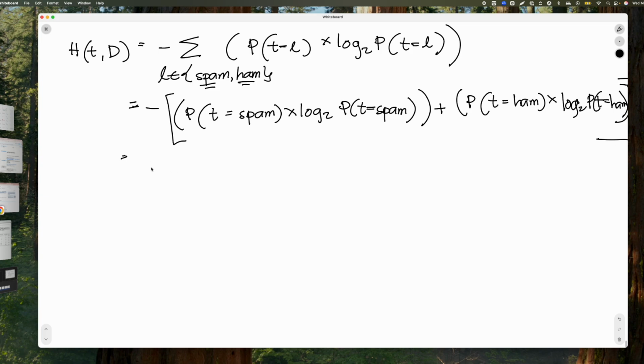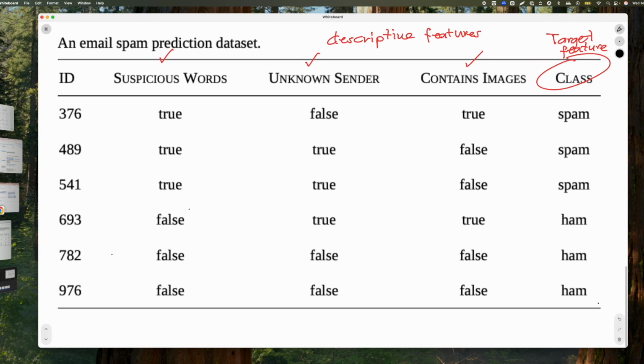So what we know is that, going back to the data set up, the probability that it is a spam is 1, 2, 3 over 6. Same for the ham, that's 3 over 6.